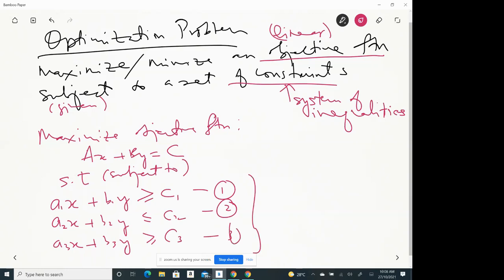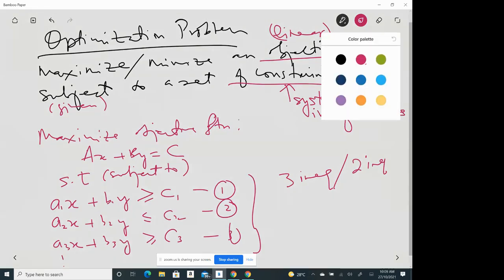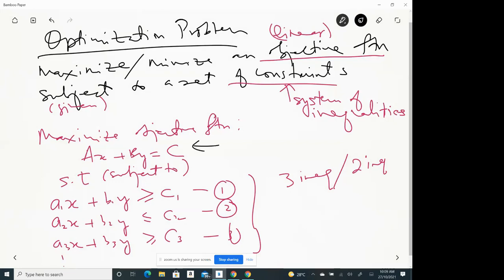The most we will have is three inequalities. Sometimes we have only 2. So for ours, we have 3 or 2. But you can continue to have 4 or more, whatever number of inequalities, it doesn't matter. What I want to show here is you have the objective, which is the linear function, and then the constraints are inequalities.